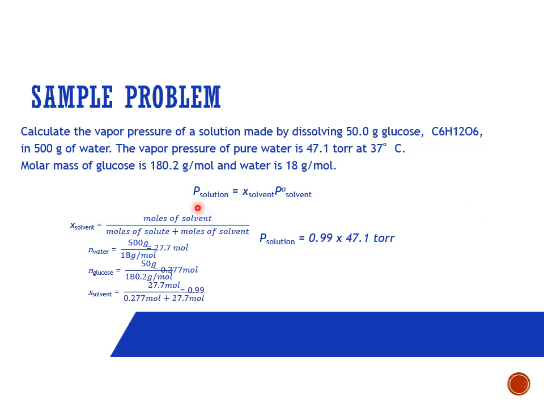So based on Raoult's law, P solution equals the mole fraction of the solvent times the vapor pressure of the solvent. So mole fraction of the solvent, yung na-compute natin kanina, and given 47.1 torr ng solvent. So the vapor pressure of the solution is 46.63 torr.